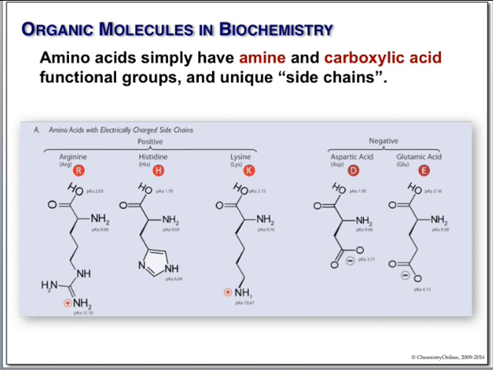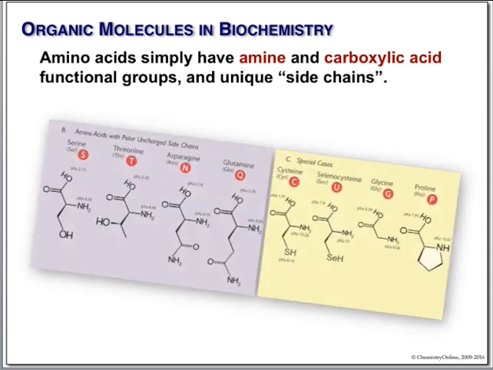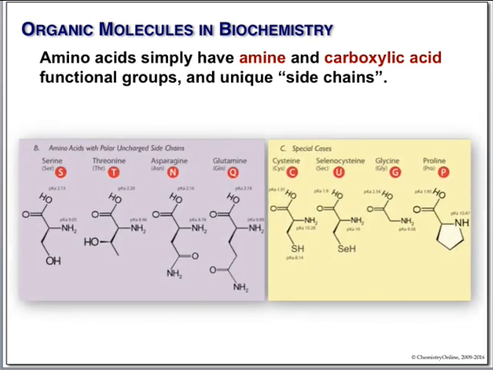At the end here, if we have a carboxylic acid, that's negative. Again, this one has one more carbon, but a negative group. These are our negative amino acids. We can also have uncharged side chains. So we have an OH group, an alcohol, another alcohol. This is an amide, another amide. This is an SH, a thiol.